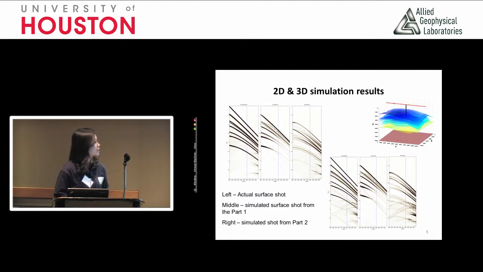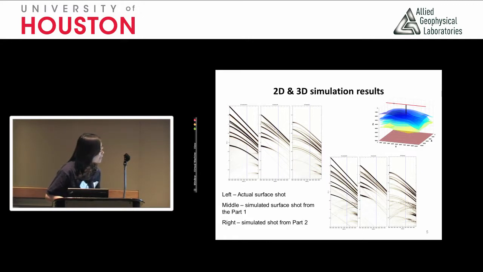The left part is the actual surface shot we made from the model, and this picture is 2D, and this one is 3D. It's really hard to see from the slide, but we can see some 3D events from the 3D modeling and simulation.